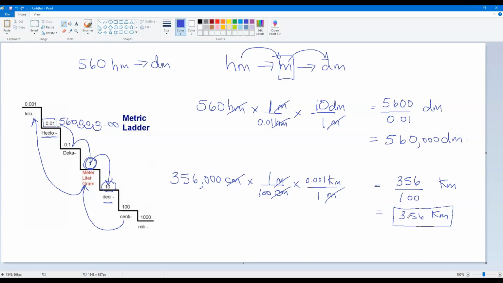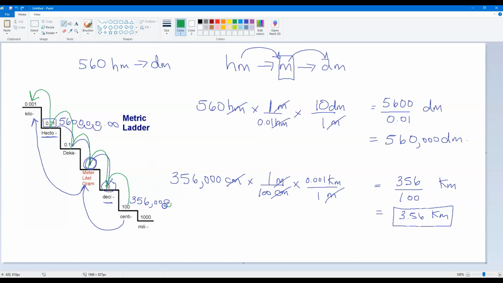That's using conversion factors. Or I could start here at 356,000 centimeters. I'm going to change my color, and this time I'm going to move my decimal to the left 1, 2, 3, 4, 5 jumps.